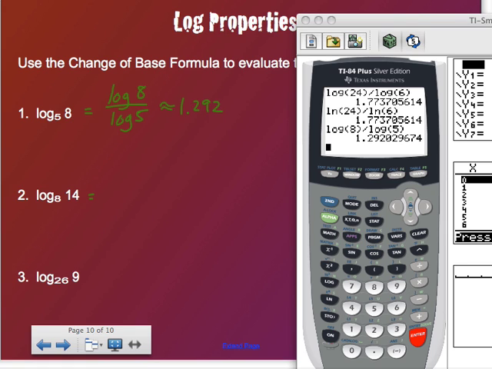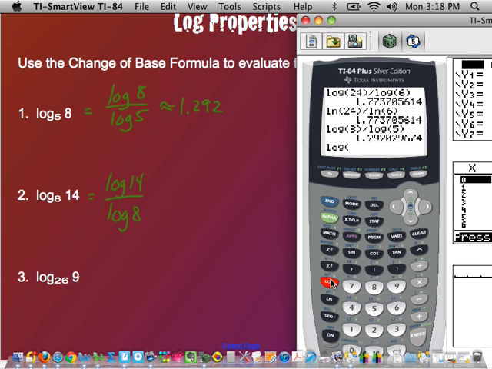If I go on to number 2, log base 8 of 14, again I'm going to take the log of the big number, 14, divided by the log of the small number, 8. Go back to my calculator. It's really this simple, folks. Log of 14 divided by the log of 8. Hit enter. I think I have approximately 1.269.